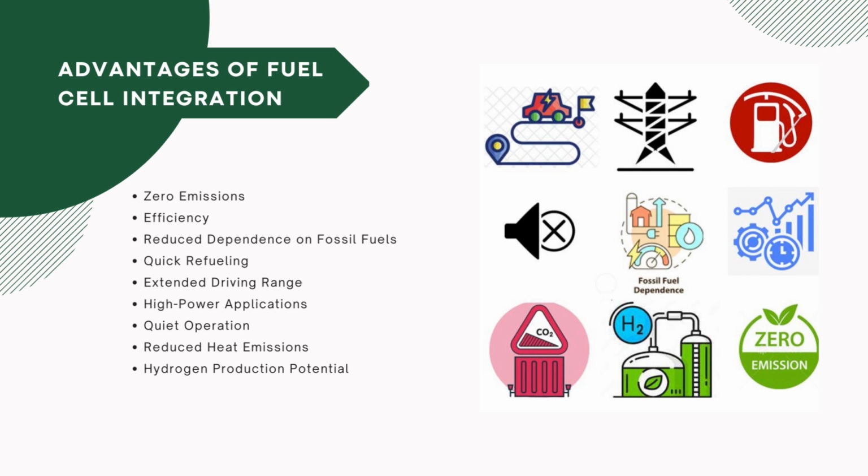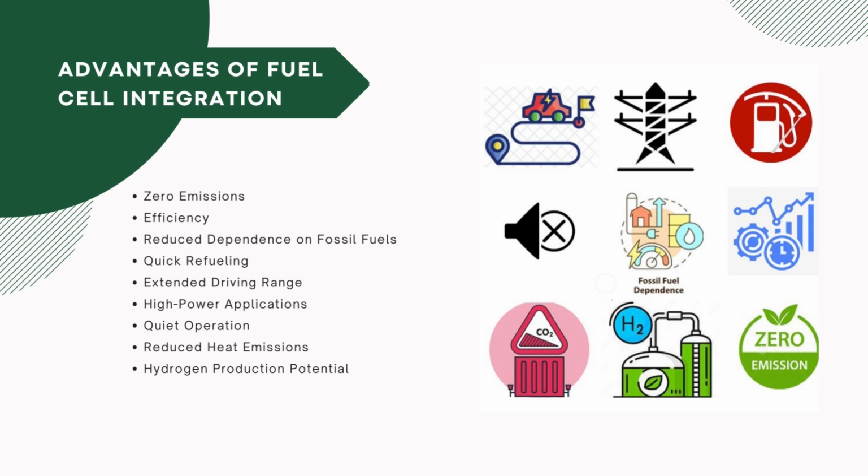Second, we have efficiency. Fuel cells are highly efficient in converting the chemical energy of hydrogen into electricity, typically more efficient than internal combustion engines. This efficiency can lead to improved fuel economy and longer drive range compared to traditional gasoline or diesel vehicles.